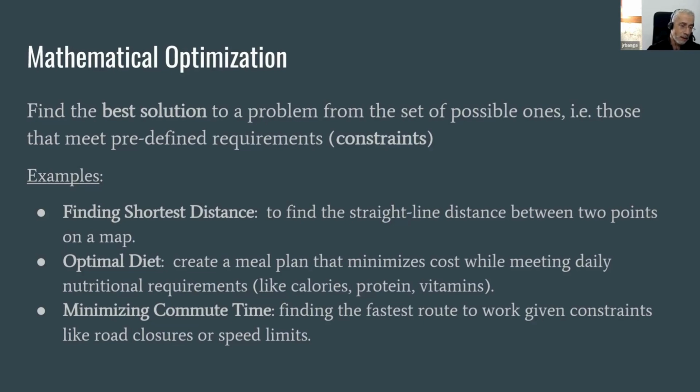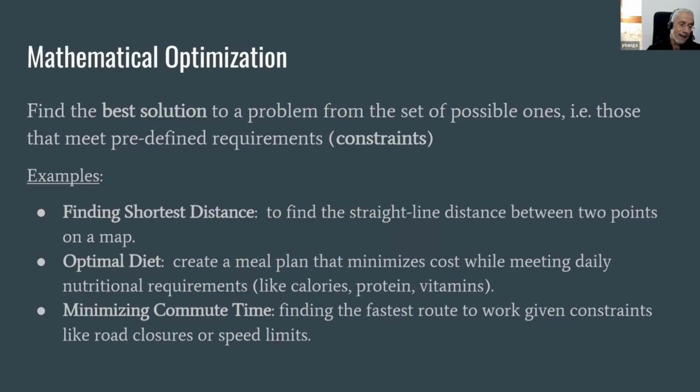Or you want to minimize the amount of calories while meeting daily nutritional requirements, like calories, protein, vitamins, and so on. In fact, this optimal diet problem was one of the first solved with modern optimization methods, which were created back in the 50s.